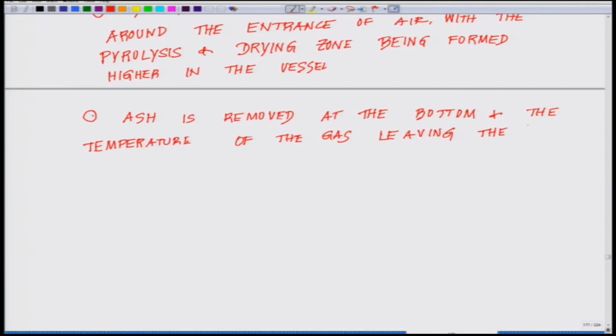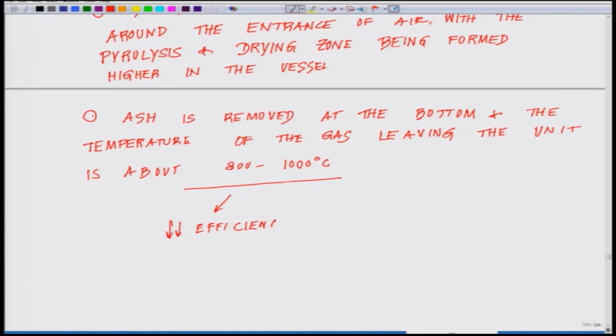Leaving the unit is about 800 to 1000 degrees centigrade. Thus, what you are getting in such a situation is that the system has low efficiency and this gas has higher tar content.